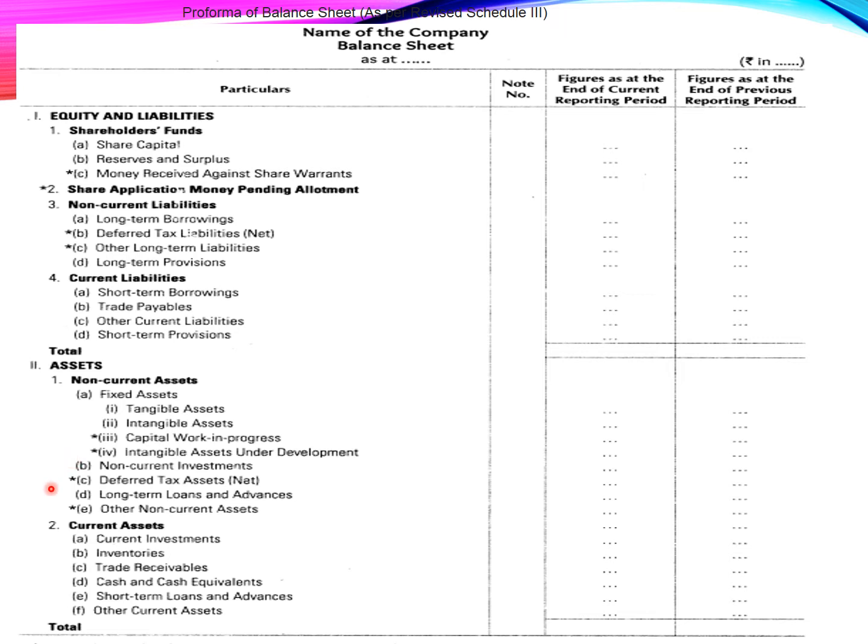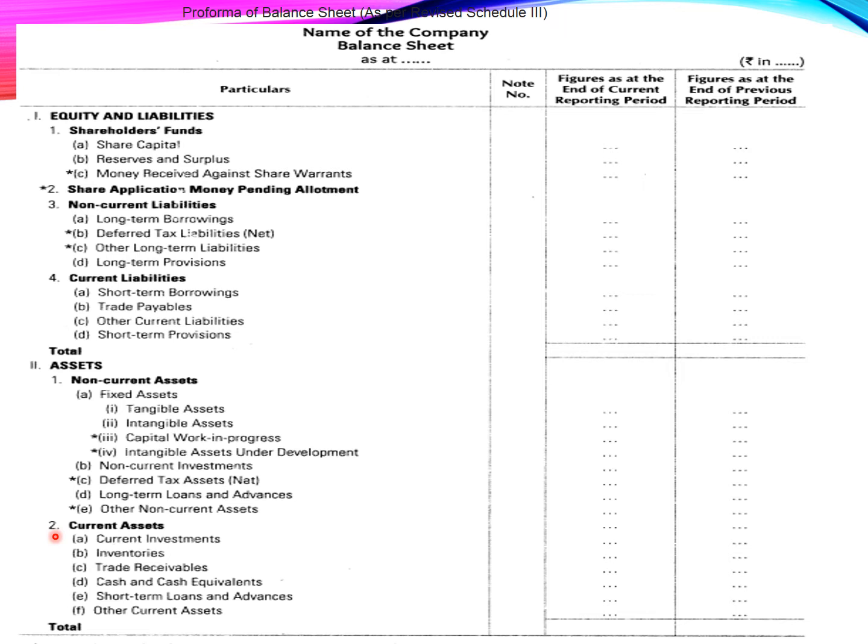Moving on, the last title of assets is current assets. Current assets are further split under six categories. First is current investments. Next represents inventories. Third, it is trade receivables. Next is cash and cash equivalents.